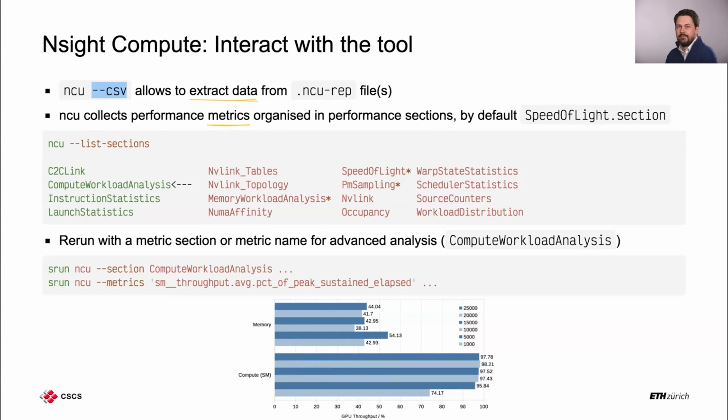And actually, if you look into the installation dir of NCU, you will see that there are some section files, and you will see the list of performance metrics that the tool is using. If you want to do advanced analysis, you can tell NCU which section or even which performance metric to record, and then you can focus on what you think is more important.